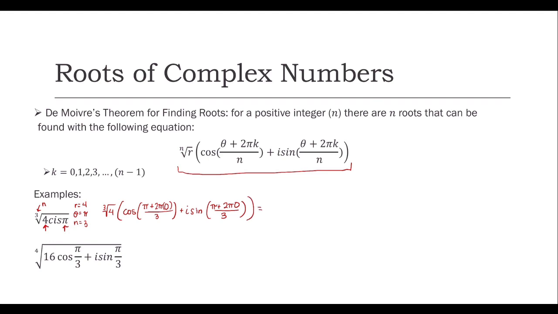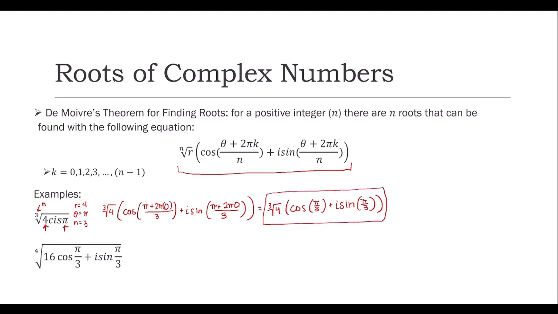So this would simplify to the cubed root of 4 times the cosine of pi over 3 plus i times the sine of pi over 3. So that's one of the roots.